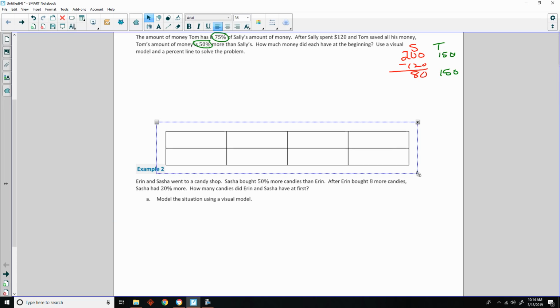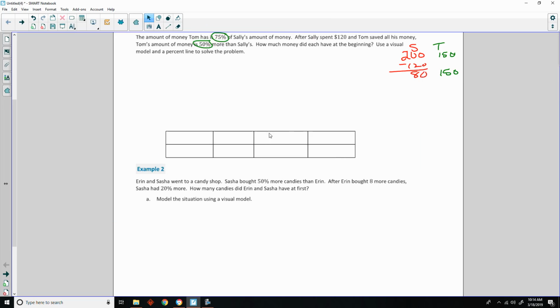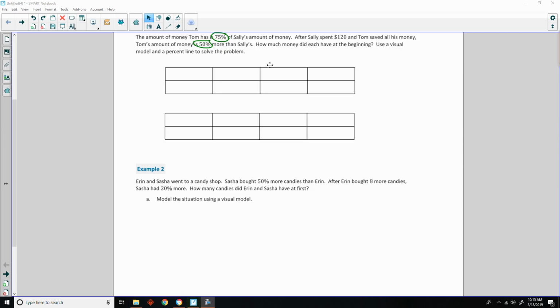So here is my table I'm going to use. And let me just move it up. Okay, so I've done two models here. We want a before and we want an after. So let's do before in red, and we'll do the after in green.